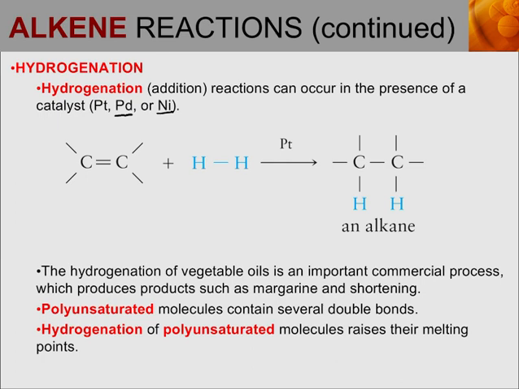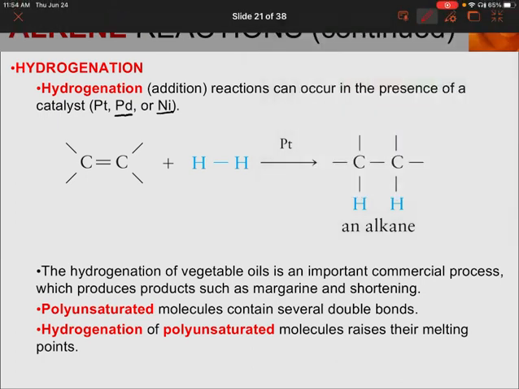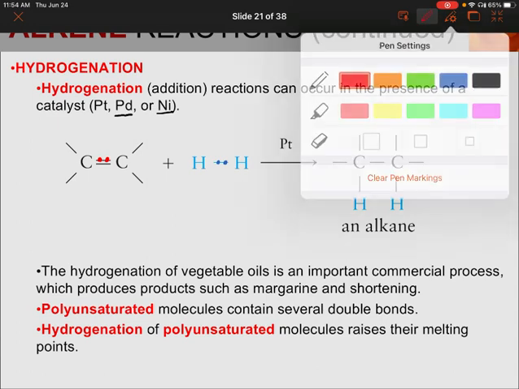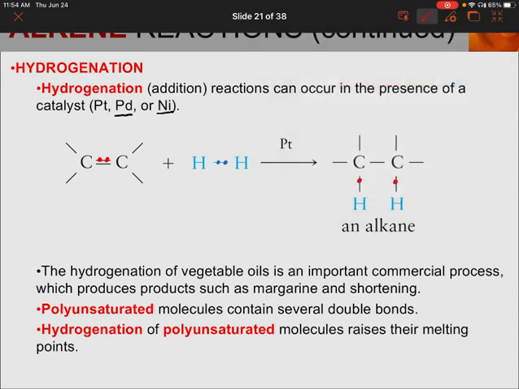Again, we're going to break our double bond, and we're also going to break the bond between these hydrogen atoms. Then we're going to create two new bonds with those hydrogen atoms. Now, you might be wondering, how can we add a gas across a double bond? Because hydrogen, H2, is a gas, right? So that's why we need this catalyst.